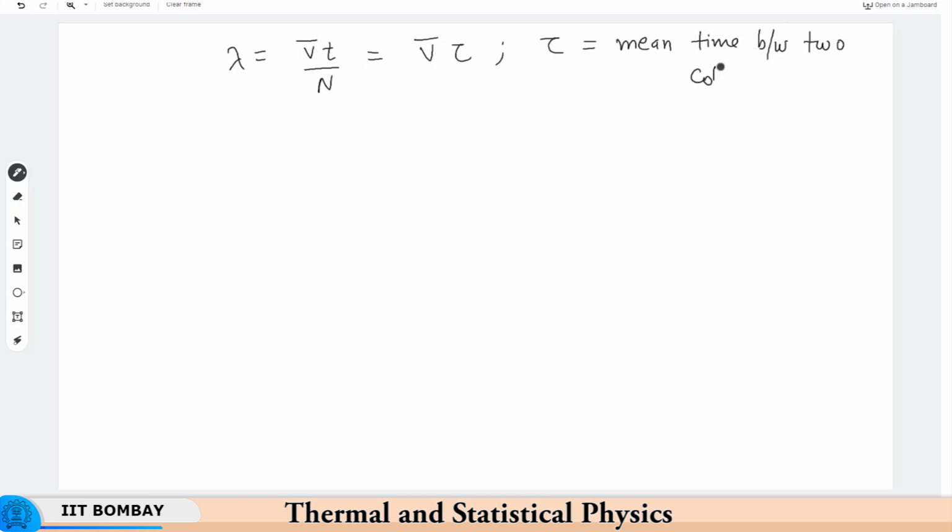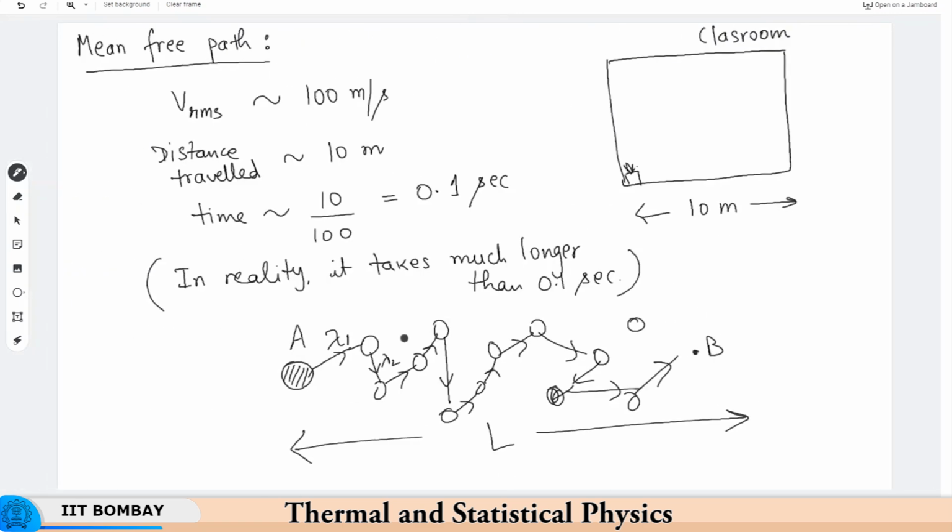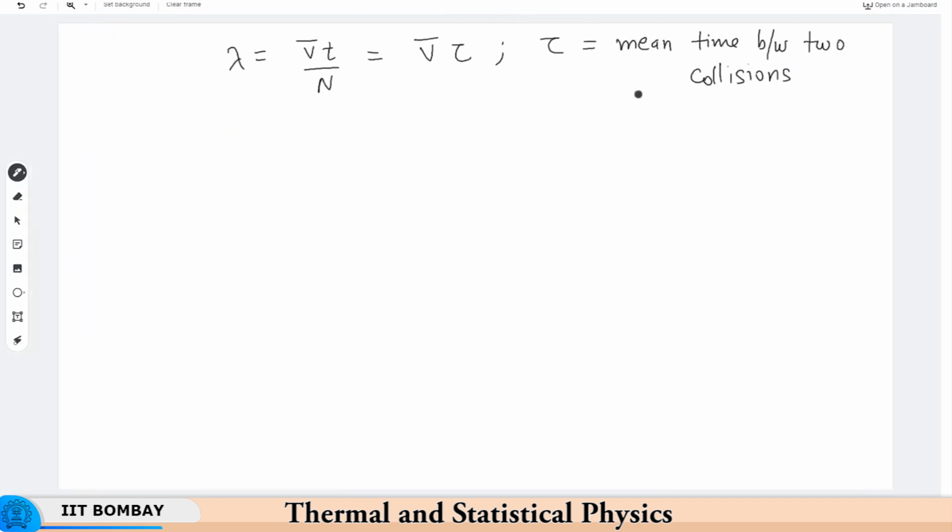Basically, it took time T to go from point A to point B, and there were N collisions that this gas molecule underwent. So, the mean time between two collisions is just T divided by N, so that is V of tau, that is what I have written.